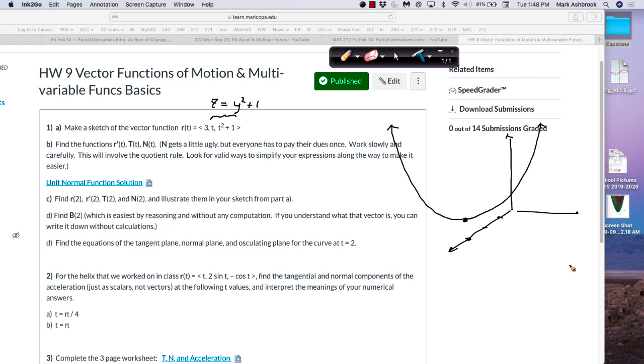Okay, cool. So at t equals 2, what point are we on in the curve? 3, 2, 5.